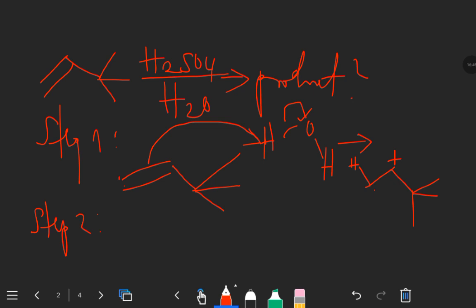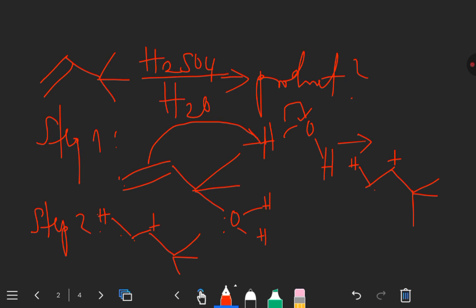Step two, this carbocation here can attract oxygen. So we can have a carbocation like this. This carbocation can attract this oxygen. Of course, we can use water again at this point.